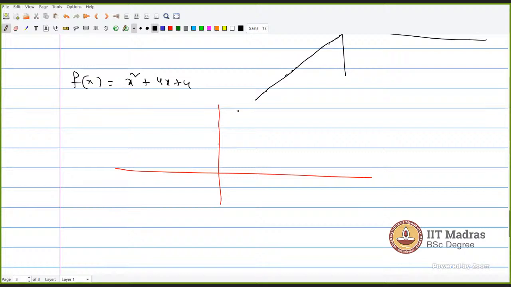So 0 comma 4 is a point, and I will plot it. Similarly, when x is minus 2, this is x plus 2 whole square, so it will give me 0. So minus 2 comma 0 is also a point. Likewise, if I take all the points that satisfy this function f of x, I will get a graph like this.